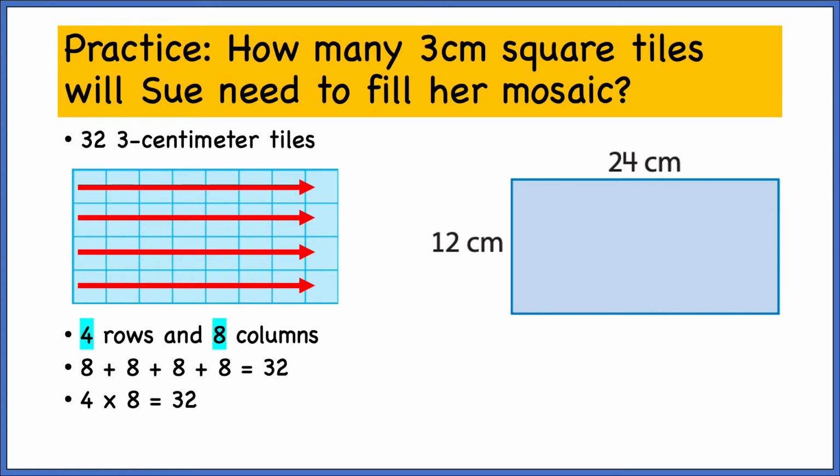Sue will need 32 3 centimeter tiles. She'll end up with 4 rows, 1, 2, 3, 4, and 8 columns, 1, 2, 3, 4, 5, 6, 7, 8. In other words, 8 plus 8 plus 8 plus 8 equals 32, or 4 times 8 equals 32.